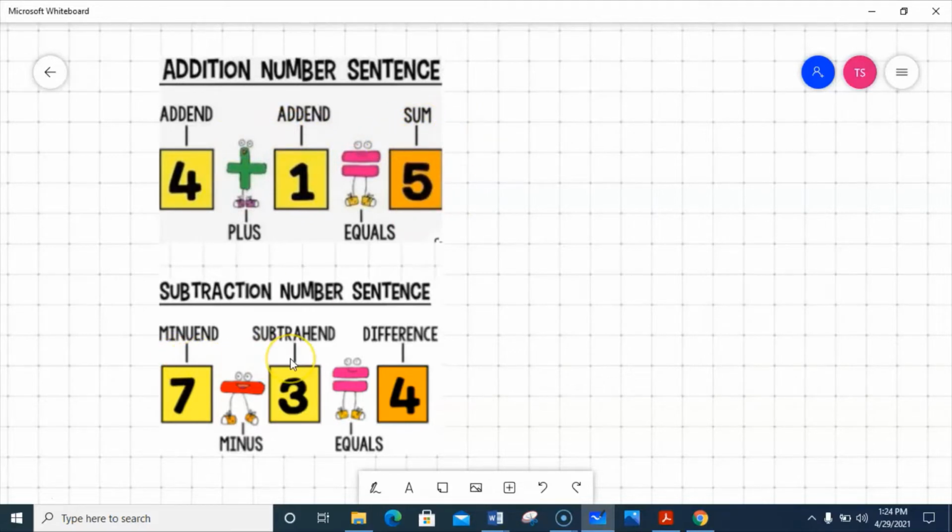And minuend, subtrahend, and difference. Difference is the answer to a subtraction problem. There's a commutative property of addition. That means I can switch the numbers around and still get the same sum. That's not a fact with subtraction, though. There's a specific order. We always start with a larger number in third grade and take away a smaller number from that to get a whole number or a positive number.